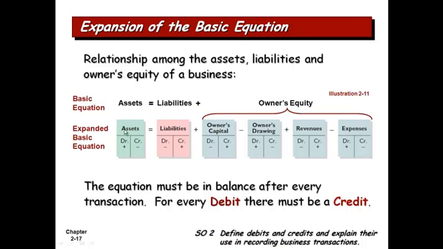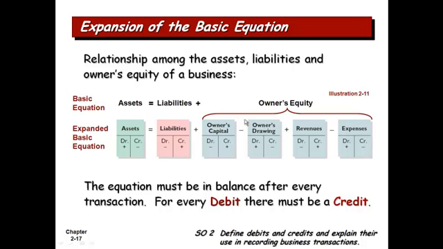The expanded equation states assets and liabilities, the same as up here, and owner's equity having four subcategories: capital, drawing, revenue, and expenses. Owner's capital increases equity, drawings decrease equity, revenues increase, and expenses decrease. These are from the normal course of the business, revenues and expenses.